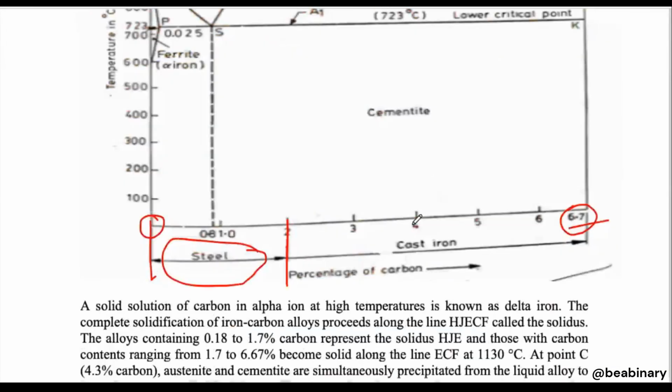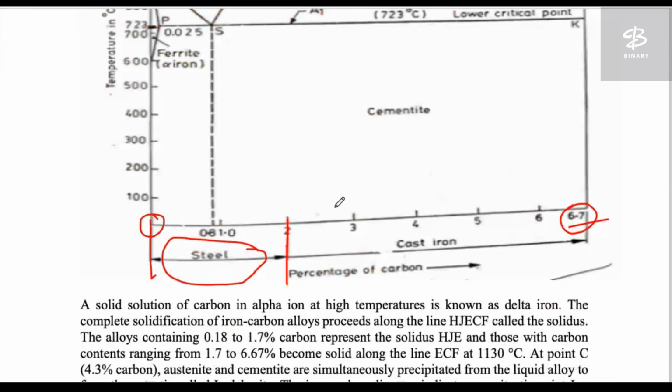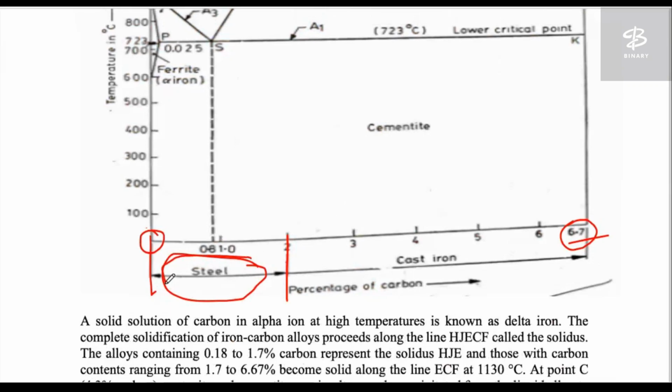For now, we have discussed a few points, like what steel is: an alloy of iron carbon in which the carbon is only 0 to 2%, obviously more than 0.